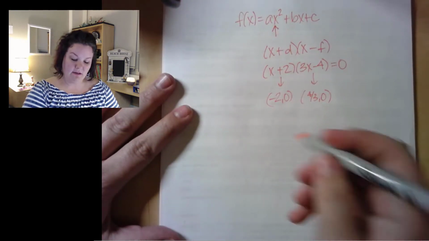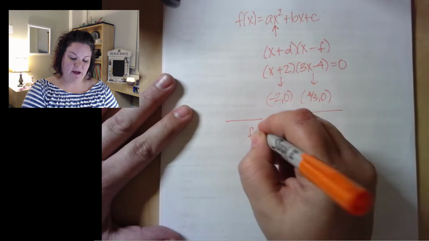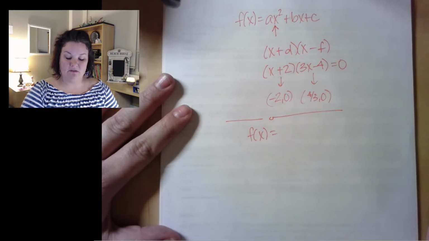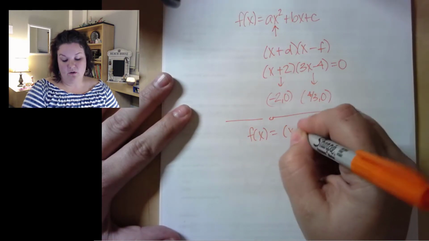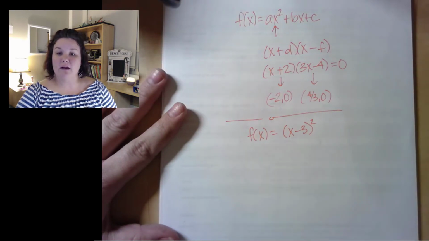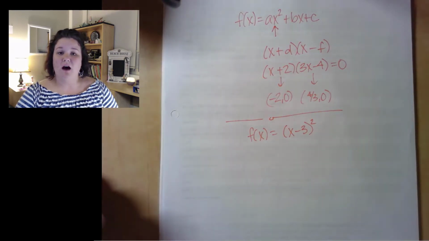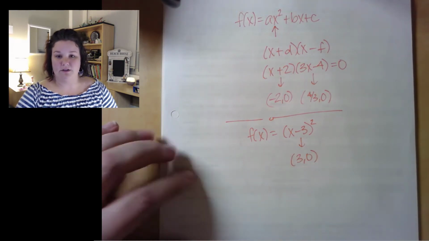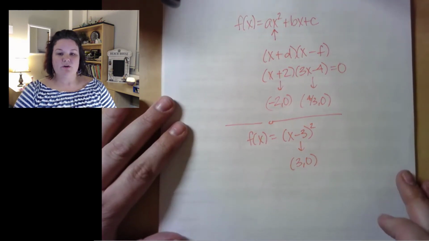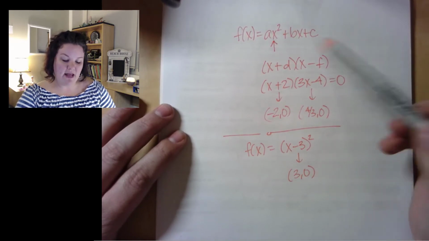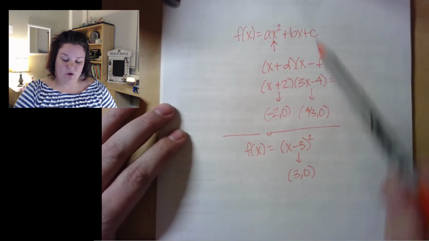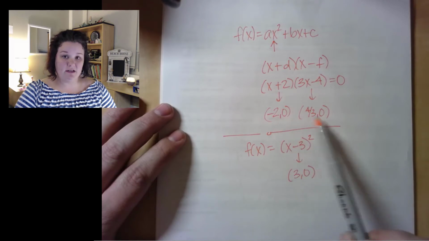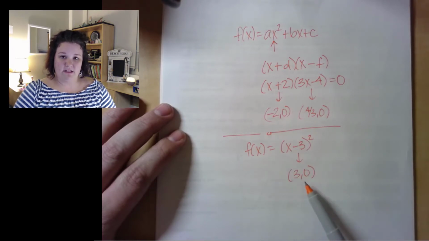So maybe when we factor our function, we end up with something like x minus 3 squared, right? We end up with two copies of that same factor. Then when we solve this, we would only get one x-intercept, right? So that's one thing to note: when we have an x squared, we're either going to end up with two x-intercepts or one x-intercept.